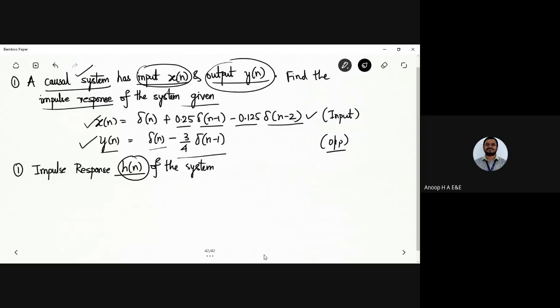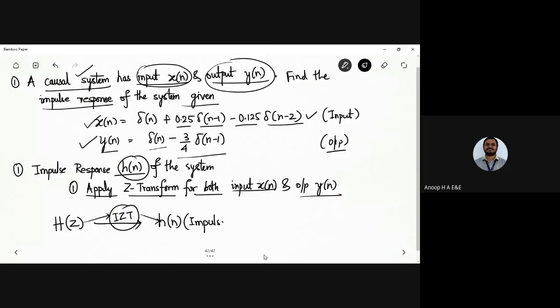So given this input and output, what you can do is apply the z transform first to both input x of n and output y of n. In order to find the impulse response, first find h of z.